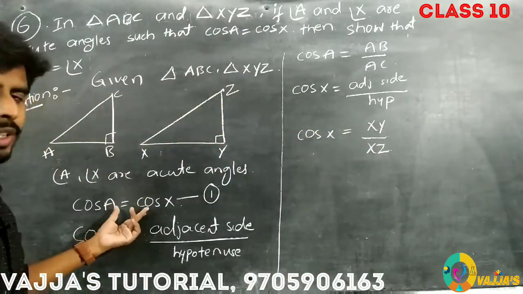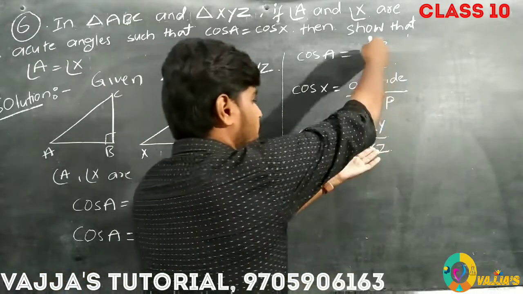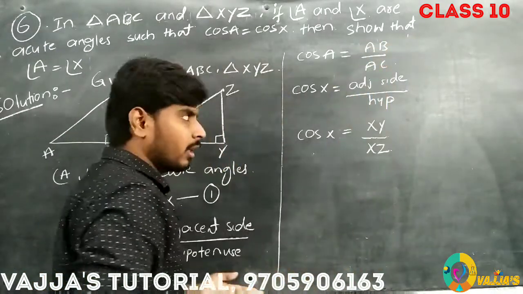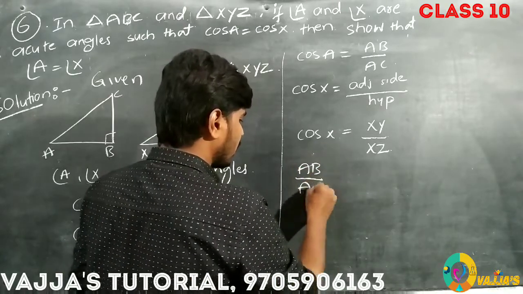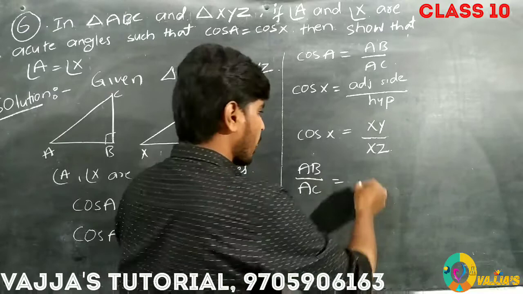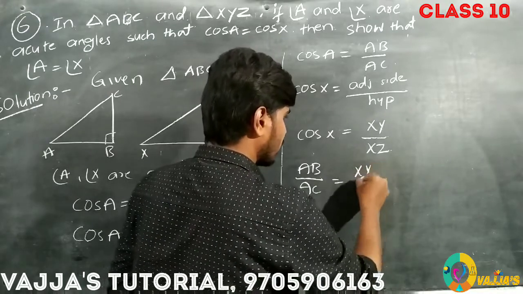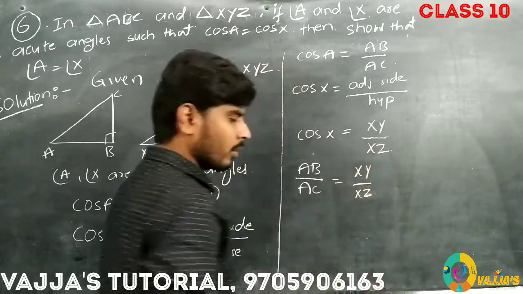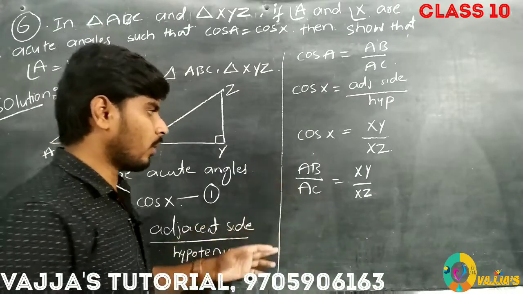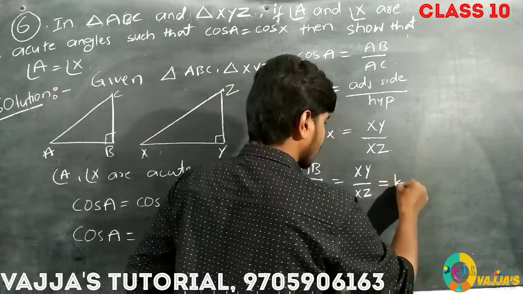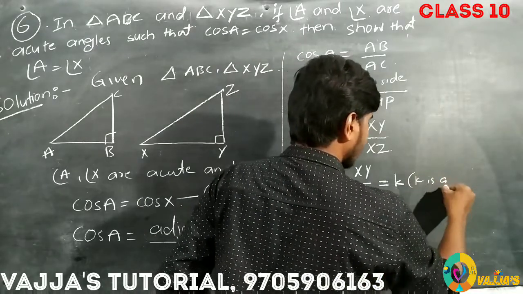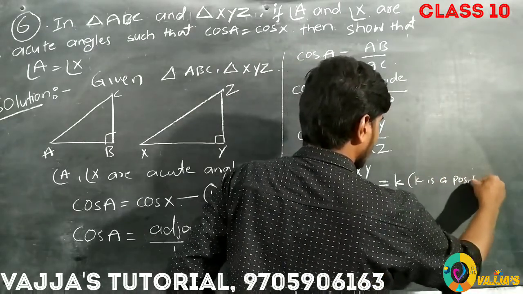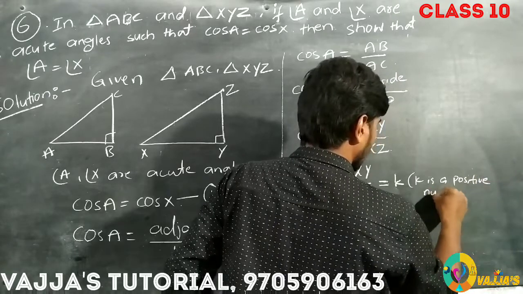From equation 1, these two ratios are equal, isn't it? So AB by AC equals XY by XZ. I am considering this ratio as K, where K is a positive number.